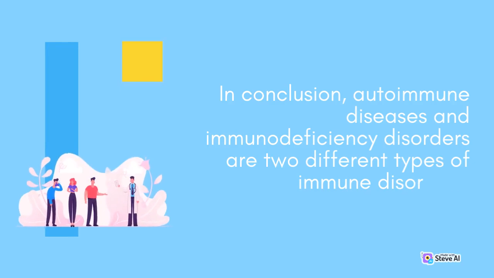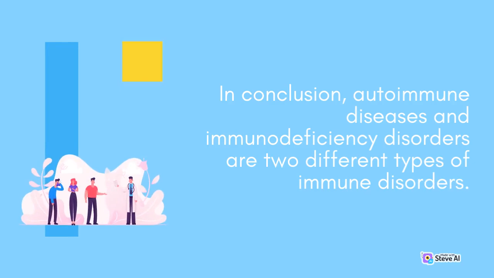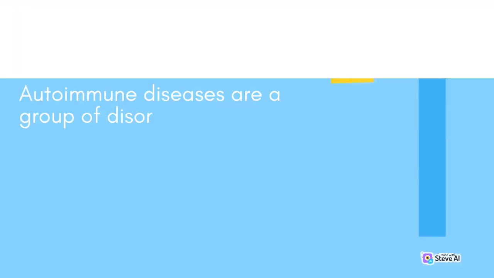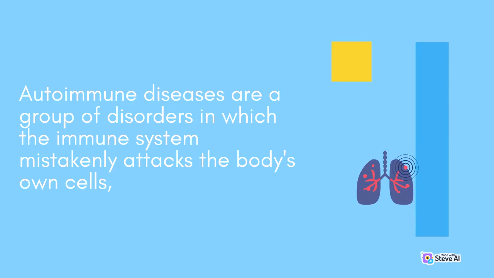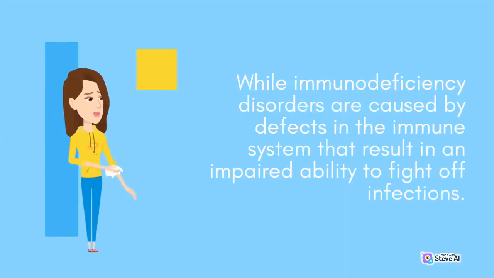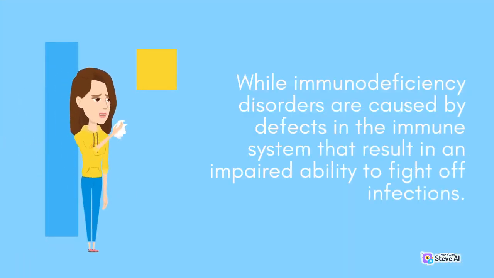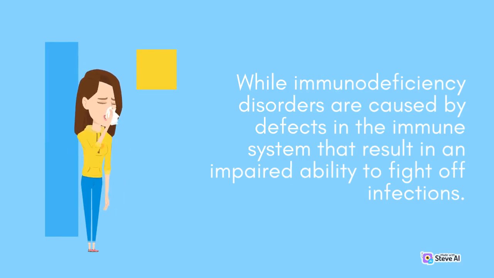In conclusion, autoimmune diseases and immunodeficiency disorders are two different types of immune disorders. Autoimmune diseases are a group of disorders in which the immune system mistakenly attacks the body's own cells, while immunodeficiency disorders are caused by defects in the immune system that result in an impaired ability to fight off infections.